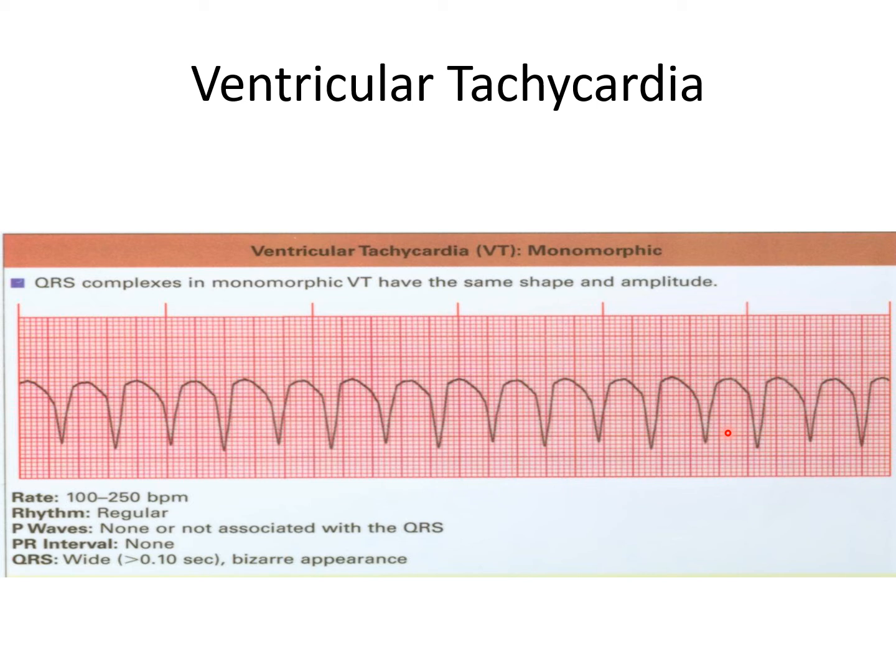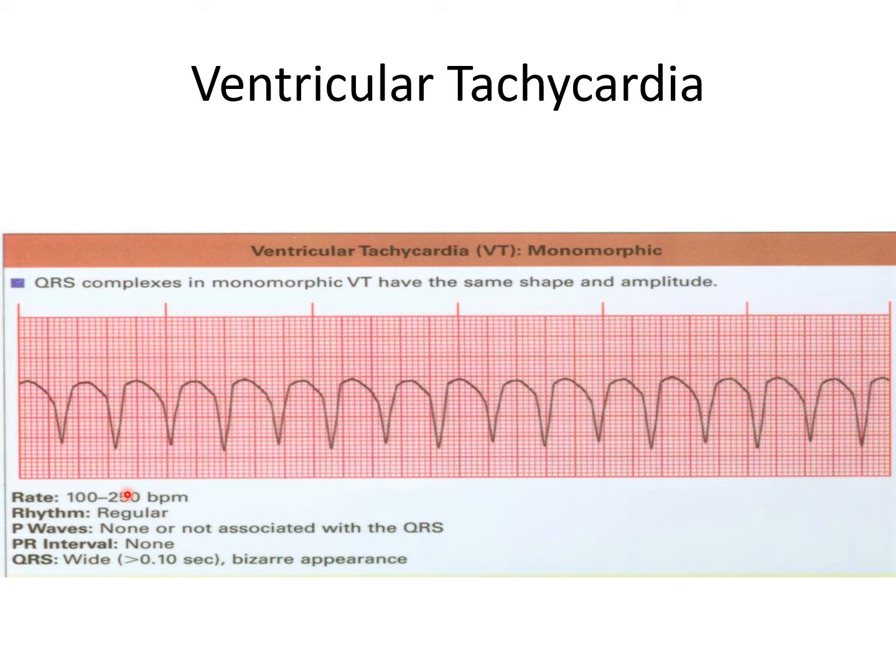So what is happening here is that the ventricles, always go back to it being the workhorse of the heart, is now beating really fast. By fast, I'm talking up to 250 beats per minute. So what's the problem with that? We talked about it before. The problem is that there's no time for filling to occur. So what's going to happen to your cardiac output? Oh, a drastic reduction.